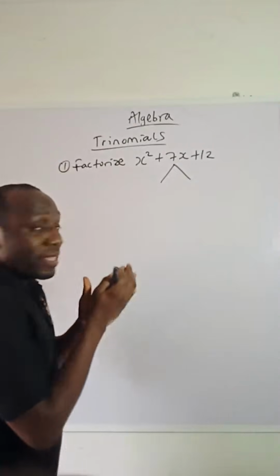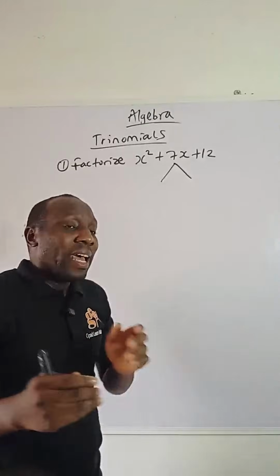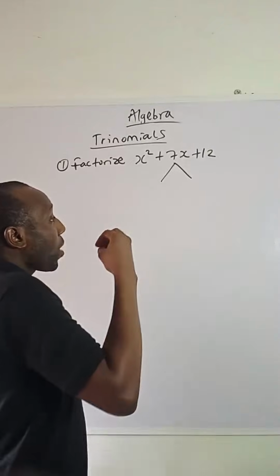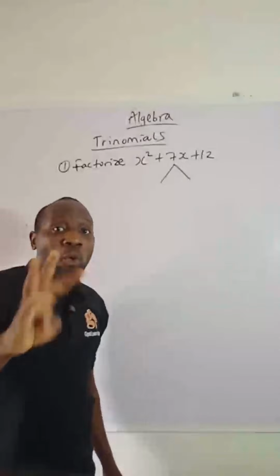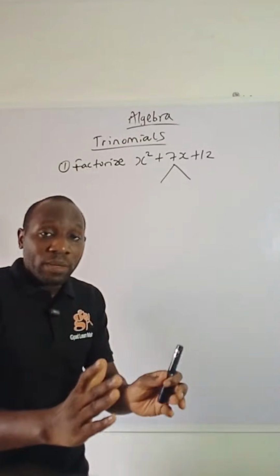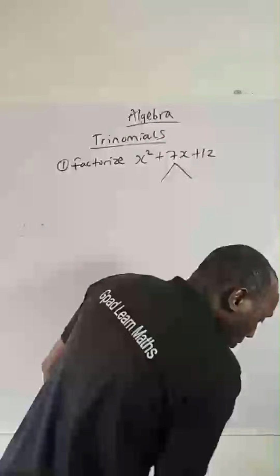Perhaps if you pick the first two terms, there might be something common between the first two terms and the last two terms. So 1, 2, 3, 4. Pick the first two terms, factorize, pick the last two terms.